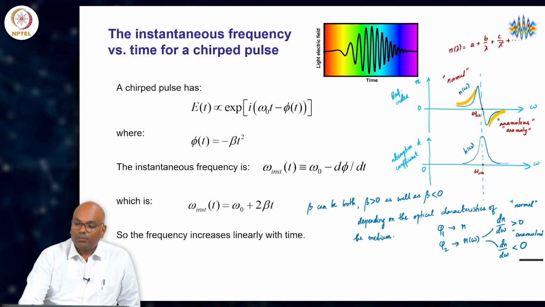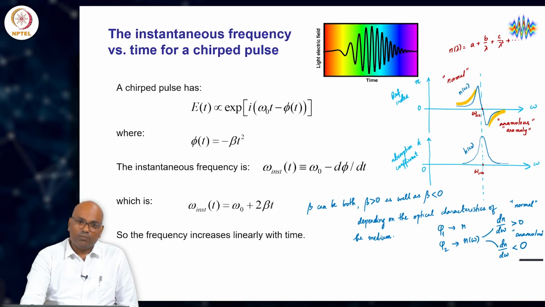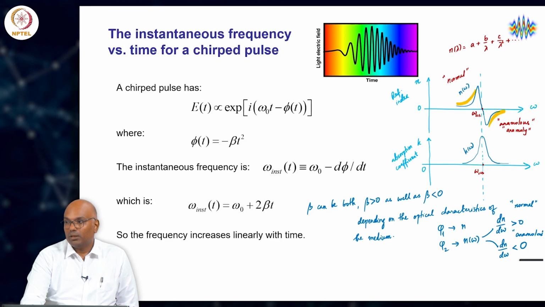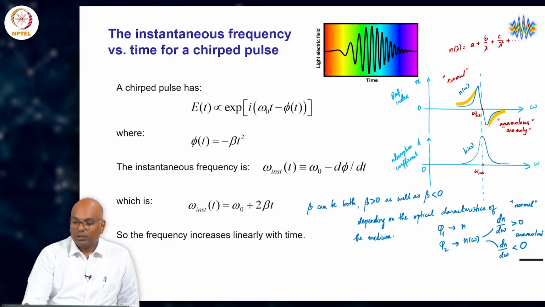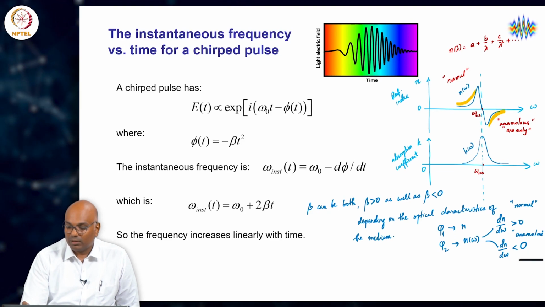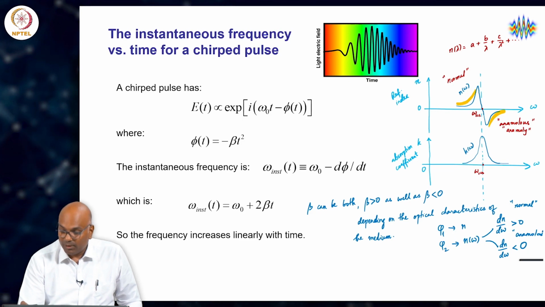But all this comes about because of a harmonic oscillator like model for the atom, which is true both classically and quantum mechanically, the picture. Okay. So, media can have anomalous and normal dispersion.